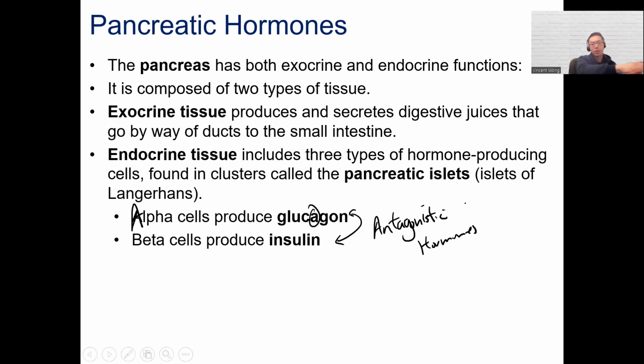The aldosterone and the ANH, that helps maintain blood pressure. The calcitonin and the PTH, that helps maintain calcium level. And then we have the glucagon and the insulin, which helps maintain glucose homeostasis.